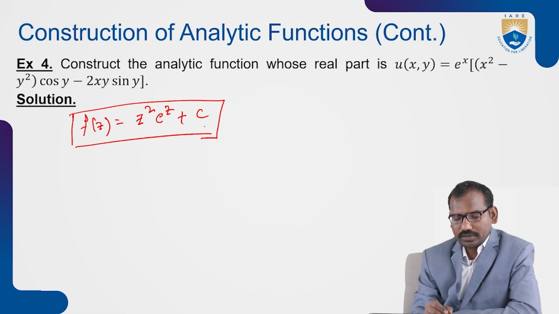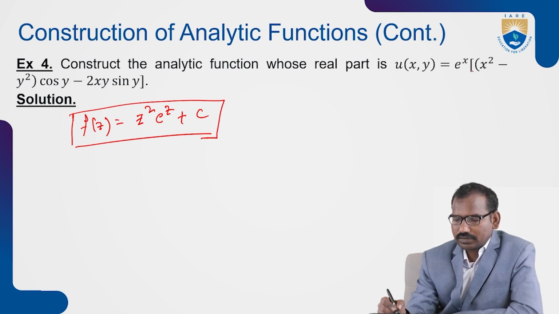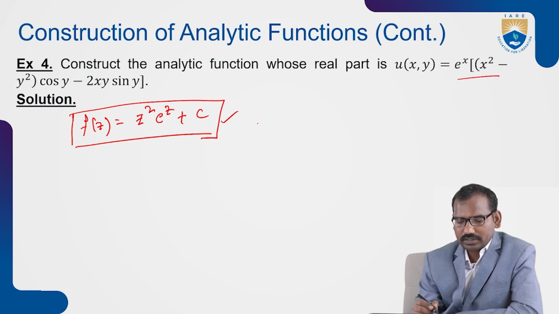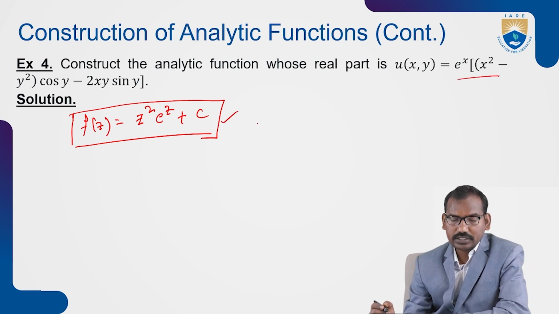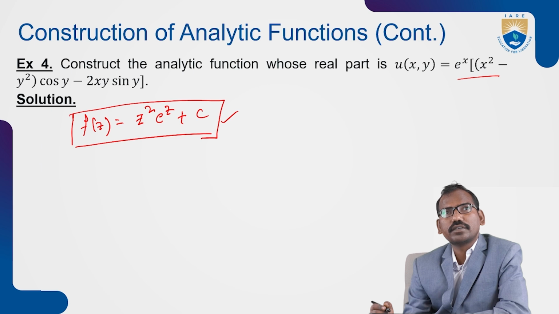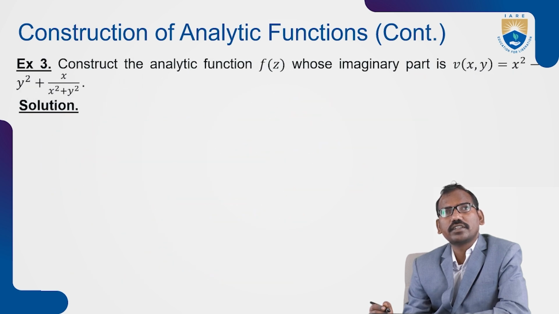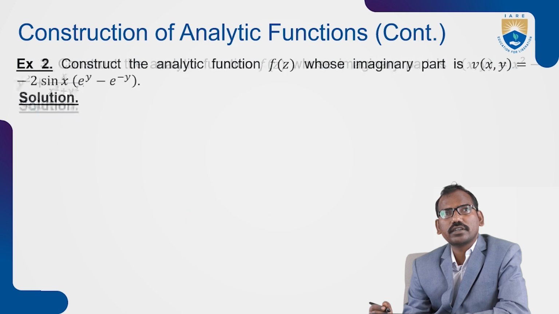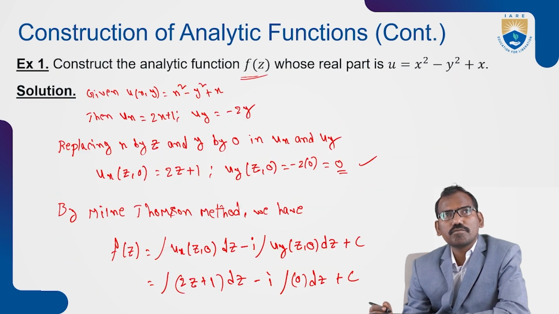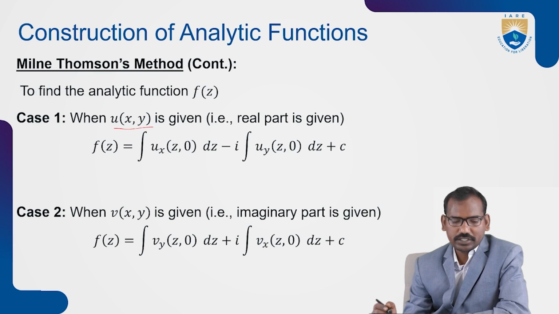So here what we calculated? We calculated f of z. What is given to you? Real part is given, and we calculated this. So I hope these 4 examples are enough to understand the Milne-Thomson method when the real part or imaginary part is given.